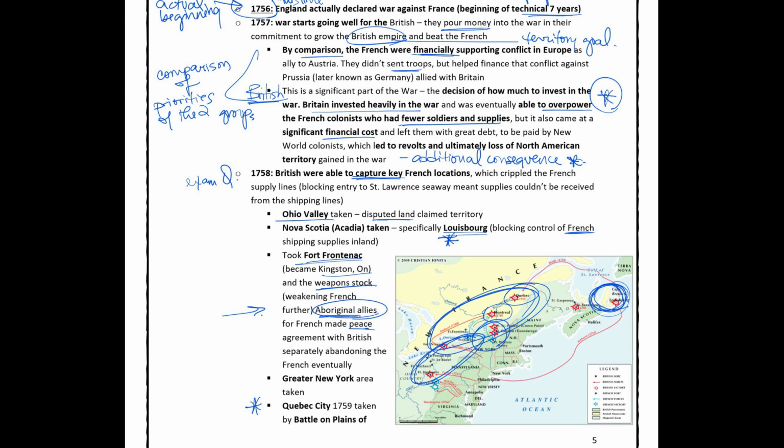Quebec City, like we talked about, remember they climbed up the cliffs of Quebec City early in the morning with 10,000 troops or something. General Wolfe versus Montcalm. So that was the Battle of the Plains of Abraham. So that's the significant loss of Quebec City. Once Quebec was taken, they eventually captured Montreal, and then it was kind of game over, right?